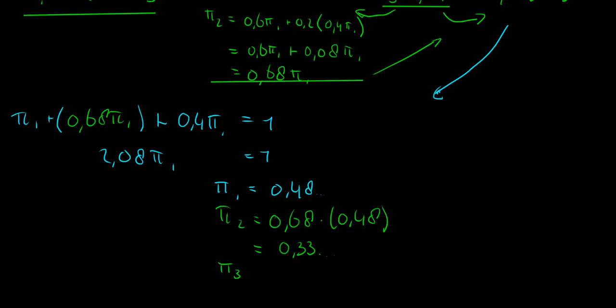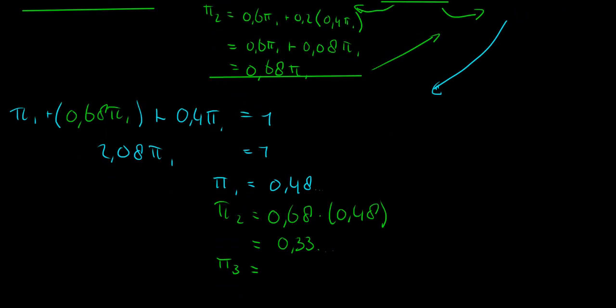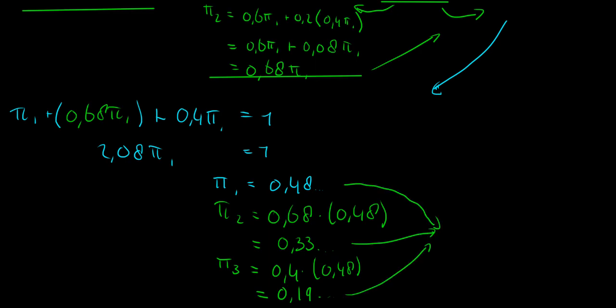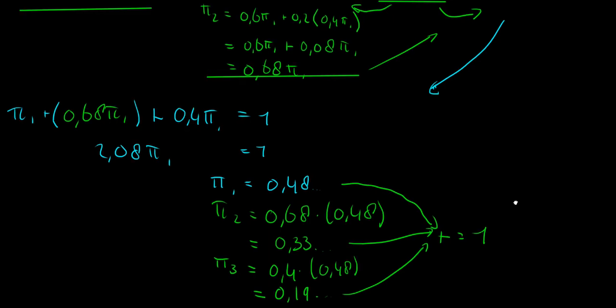And then the same for pi 3, which was also very easy from the beginning, which was 0.4 times pi 1, which is 0.48. Together, this is equal to 0.19 approximately. Now we can see that if we add these values all together, we get 1, which is nice. And this concludes the stationary distribution that we have found.